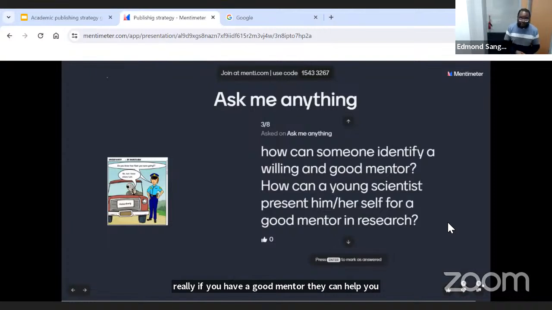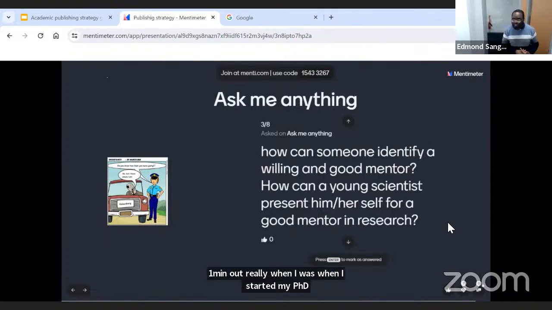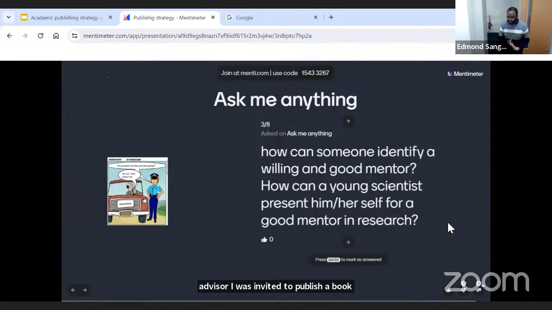When I started my PhD, my advisor told me, when I was invited to publish a book chapter, that Edmond, in your chosen area of research, environmental chemistry and toxicology, book chapters are not valued. So you can spend 3 months writing that book chapter, but remember, at the end of the day, no one is going to look at it because of the field that you are in. So all those things, they can help you.